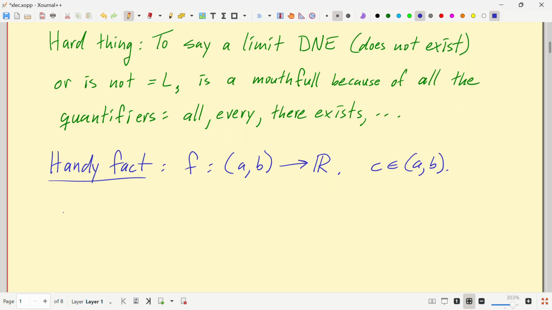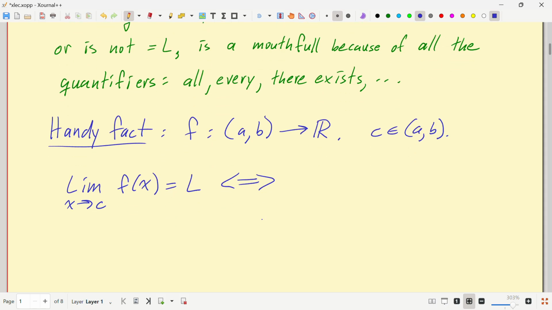Then the limit as x goes to C of f of x equal to L turns out to be equivalent to the fact that for every sequence of points x that tends to C, f of that sequence tends to L.